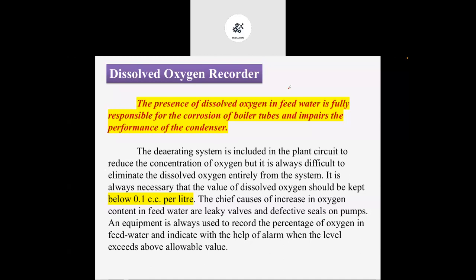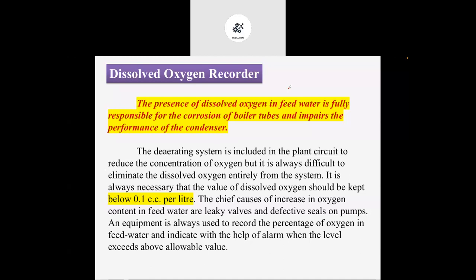Corrosion means the oxygen reacts with that material, and after reacting, the oxides of the material are generated. If oxygen reacts with iron, it generates iron oxide. If it reacts with other material, it creates the oxides of that material.